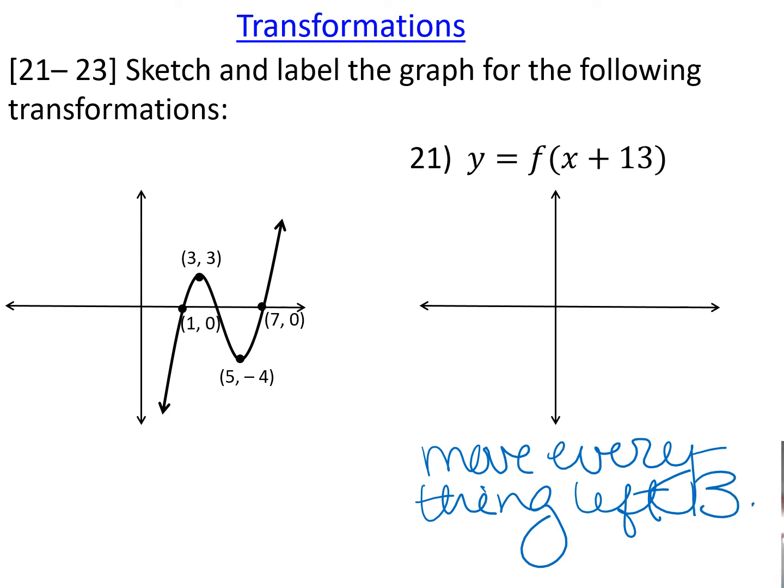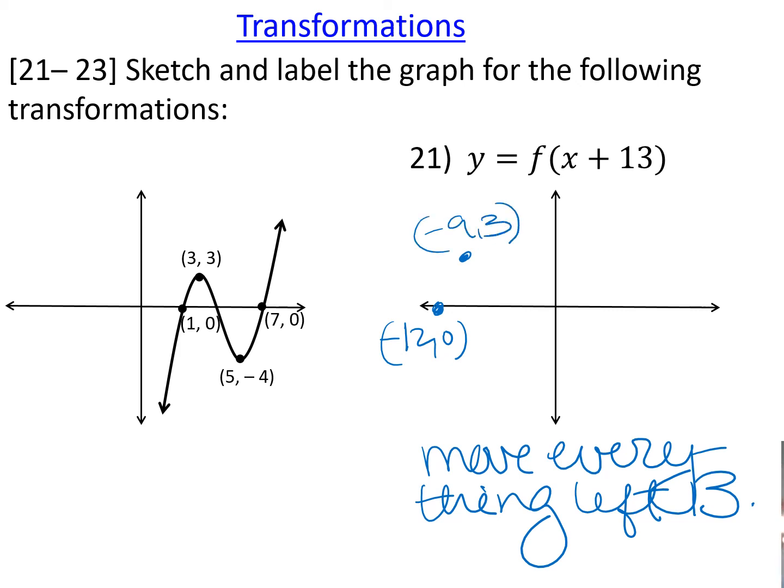So left 13, that would go minus 13 on my x, would be negative 12, 0. Let's do the 3 here. Another 3 would be negative 9, 0, negative 9, 3.